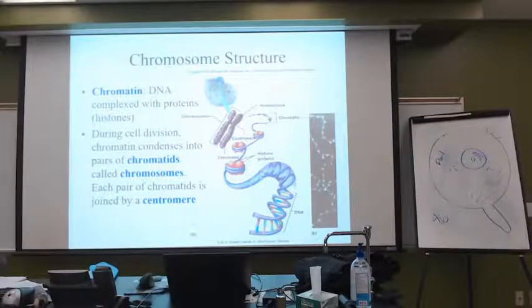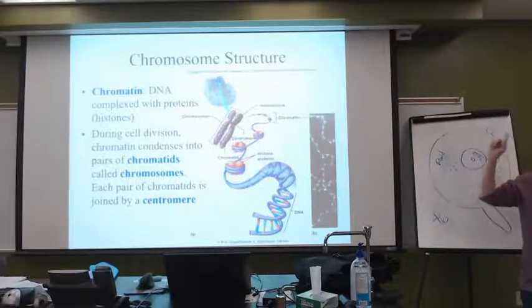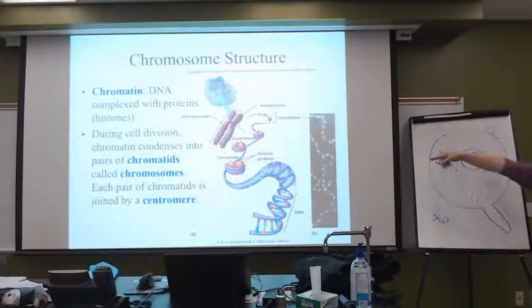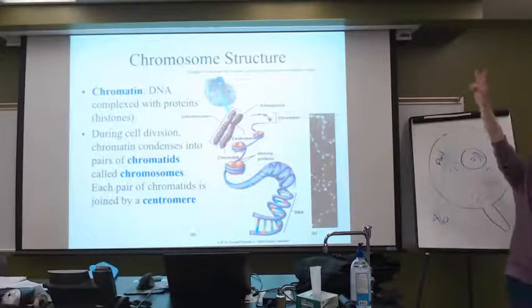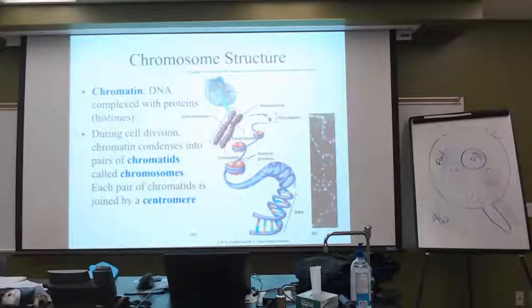It can exist as chromatin, looking like spaghetti inside of the nucleus. When the cell needs to duplicate, and there are only two cells of the body that don't: nerve cells, muscle cells.